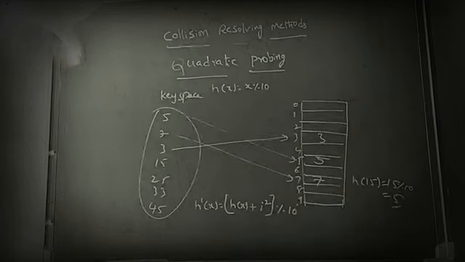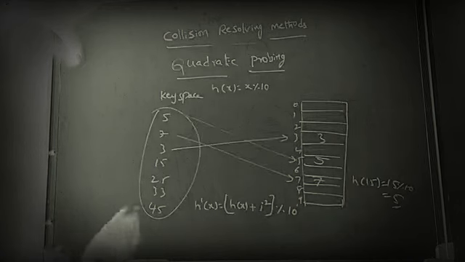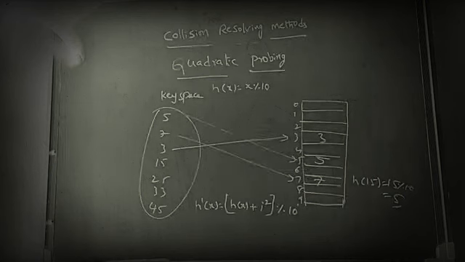Quadratic means square of that position. So we are not going to search one after another. We can move by the square of those positions. That reduces the time complexity of searching for a free space. Okay, I think that is clear.